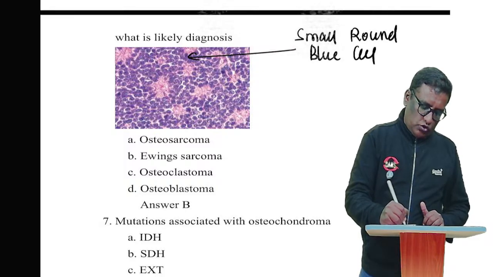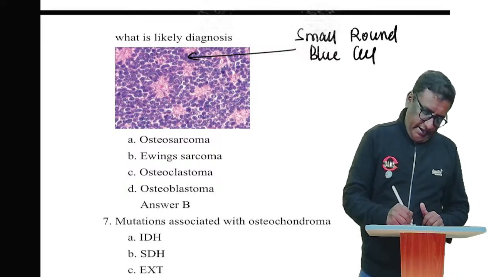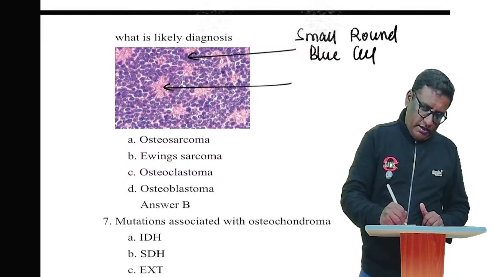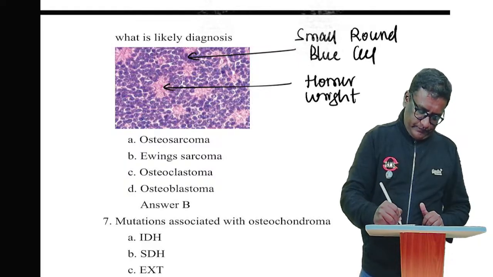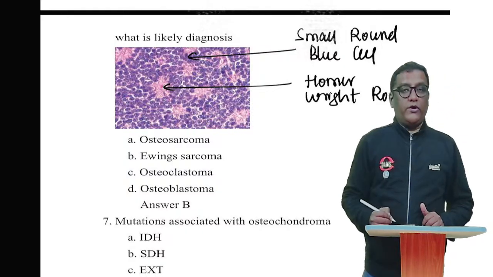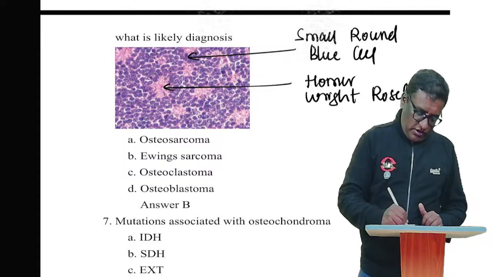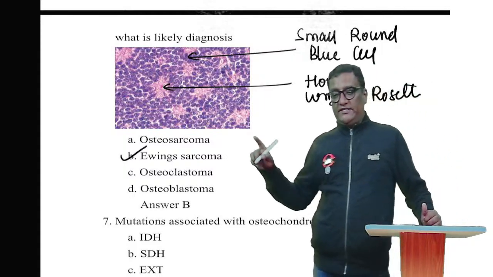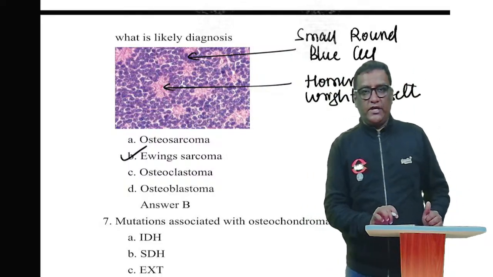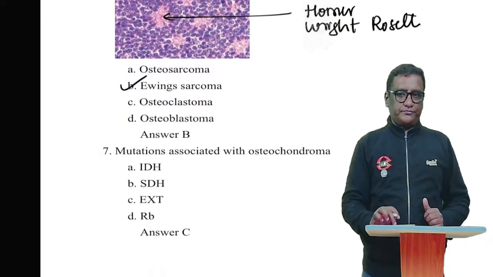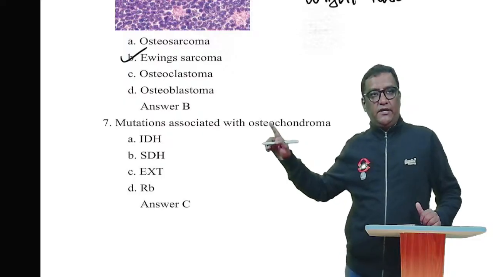So this is a small round blue cell tumor, and I am seeing Homer Wright rosettes. Homer Wright rosettes, very characteristic of Ewing sarcoma. Ewing sarcoma or primitive neuroectodermal tumor, PNET. Next question number 7.